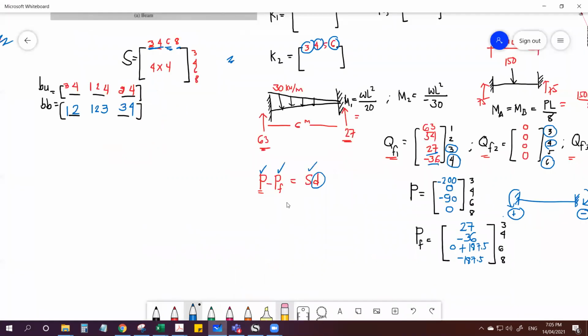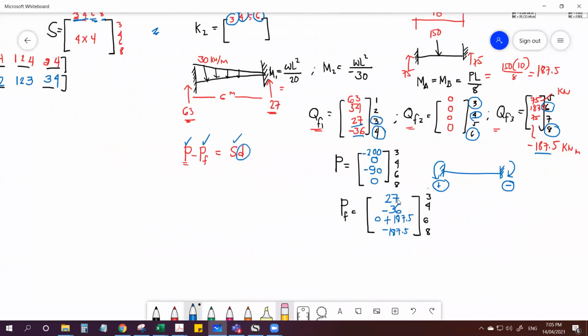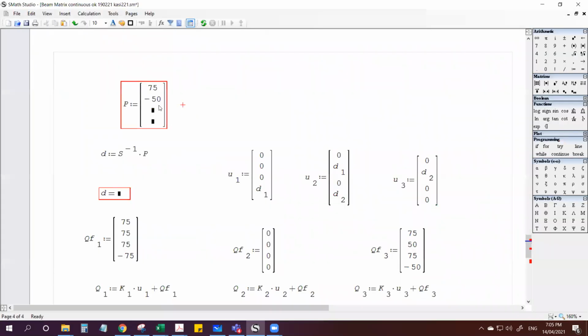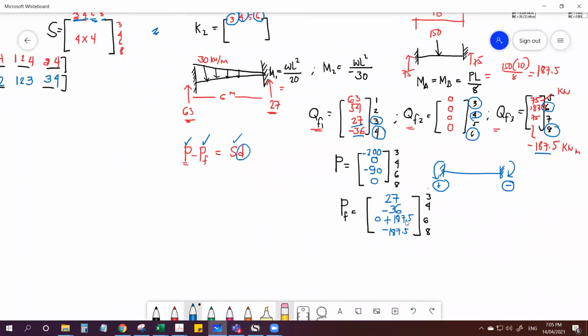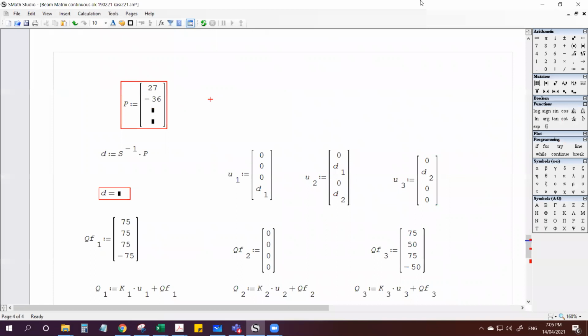And what's the P vector? 27, negative 36, and then 187.5 and negative 187.5.